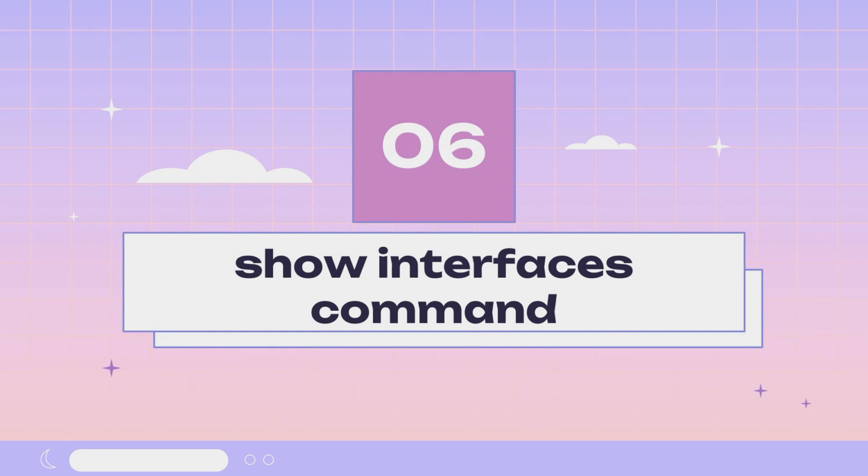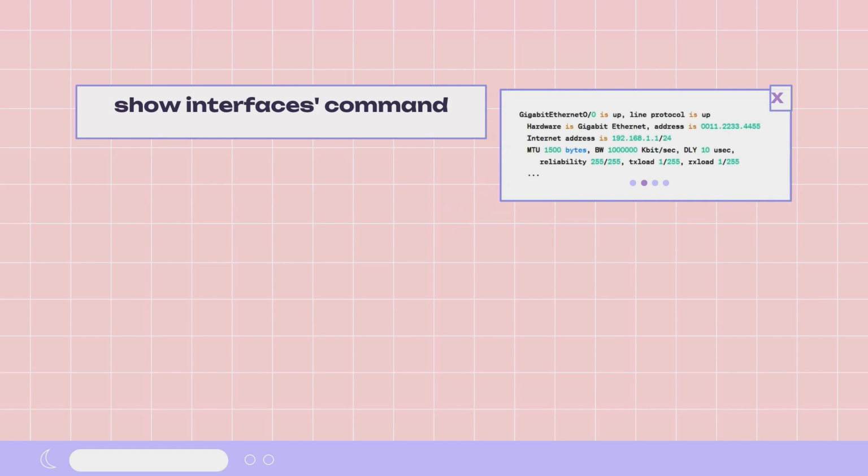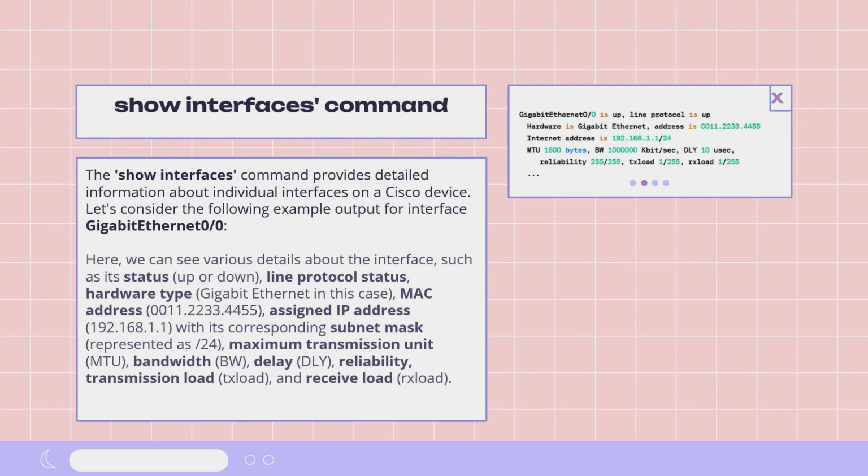Show Interfaces command. The Show Interfaces command provides detailed information about individual interfaces on a Cisco device. Let's consider the following example output for interface Gigabit Ethernet 0/0.